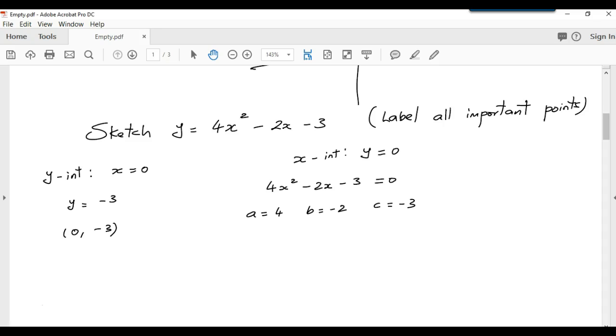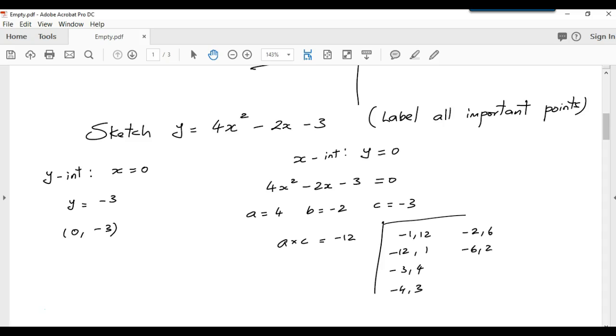Let's check that out. If I go a times c, that gives me negative 12. If I look at the pairs of factors for negative 12, we can have minus 1 and 12, minus 12 and 1, minus 3 and 4, 3 and minus 4, minus 2 and 6, and 6 and minus 2.